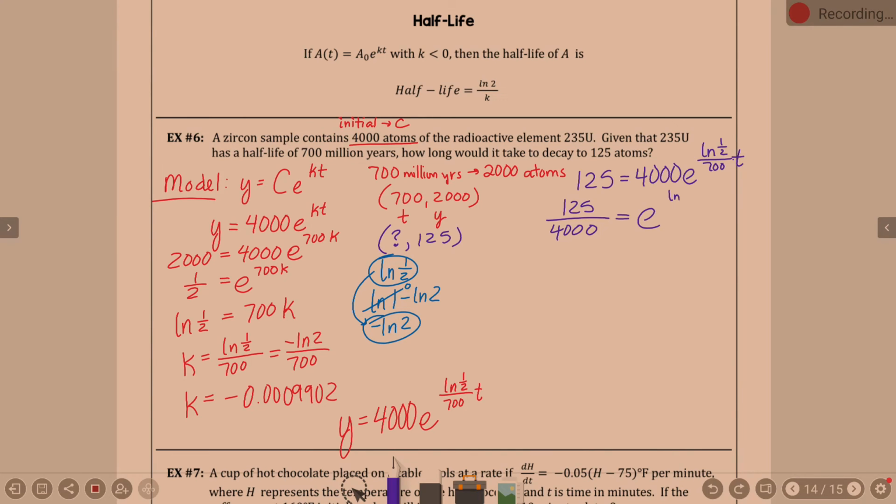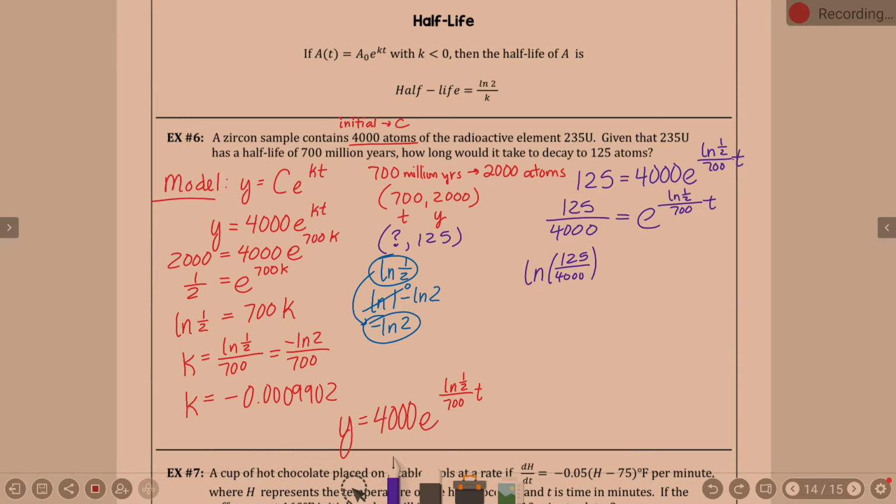If you don't like the number I'm using, then you figure out what you want to use. What are we going to have to do here? Get that t out of the exponent, so we're going to have to take the natural log of both sides. So natural log of this 125 over 4,000 value.